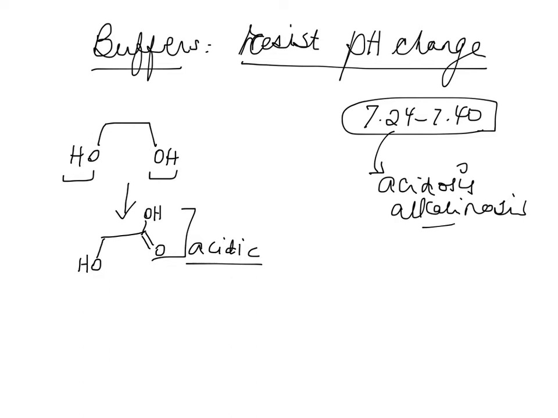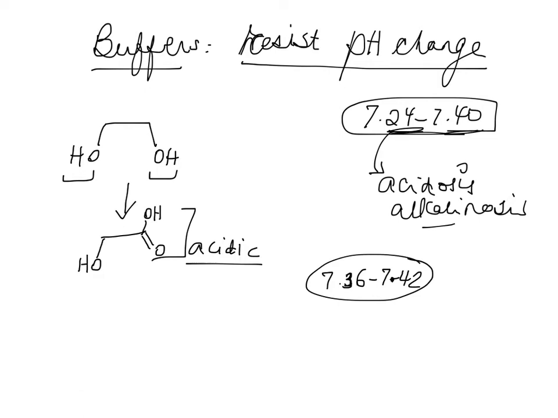So depending on the amount of glycolic acid that you have, realize that blood itself is under a very tight pH range. Physiologically, most of our cells are between 7.24 and 7.40. Blood is between 7.36 and 7.42, so it's tighter.